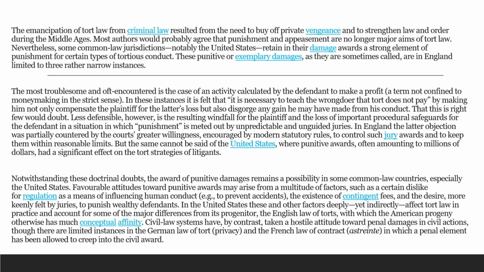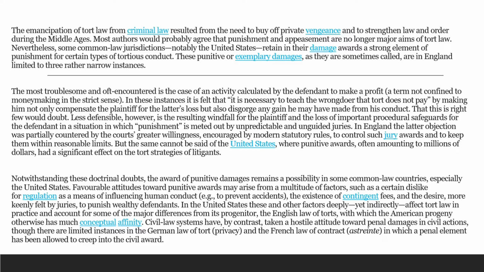In the United States, these and other factors deeply yet indirectly affect tort law in practice and account for some of the major differences from its progenitor, the English law of torts, with which the American progeny otherwise has much conceptual affinity.